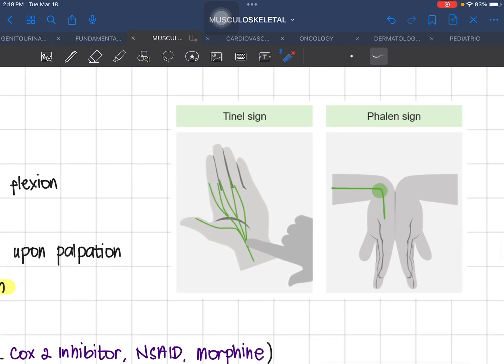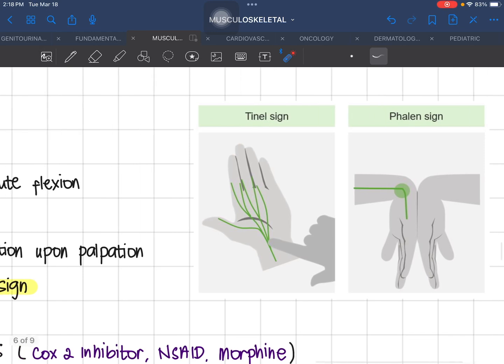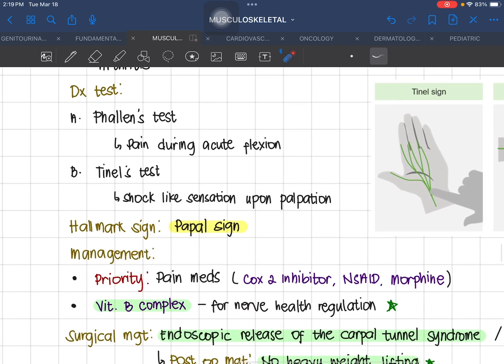And also, the Tinel sign o Tinel test. Yun yung pain, o di kaya shock-like sensation kapag pinalpate yung median nerve mo o sa part ng wrist mo. So, the hallmark sign of carpal tunnel syndrome is papal sign.